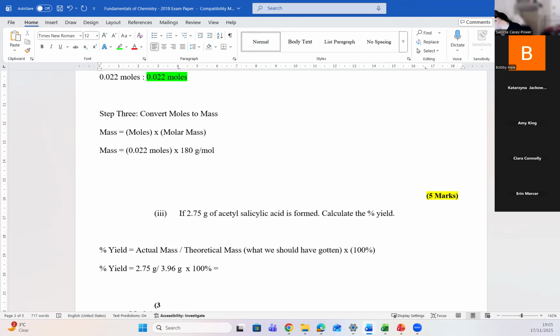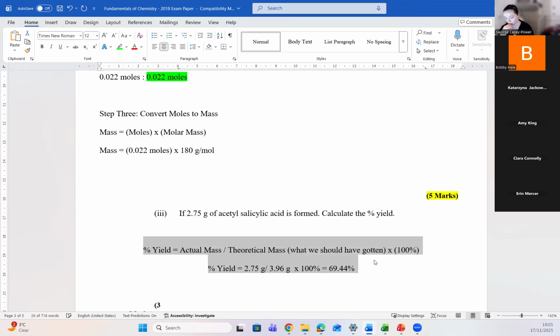So our final answer for percentage yield is 2.75 over 3.96 times 100. You should be getting around 69.44. Perfect, and that is your final answer for that one, guys.